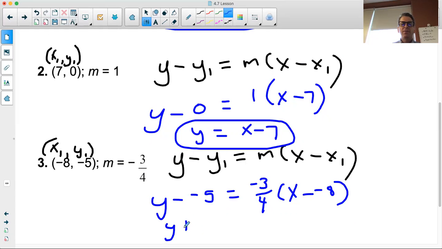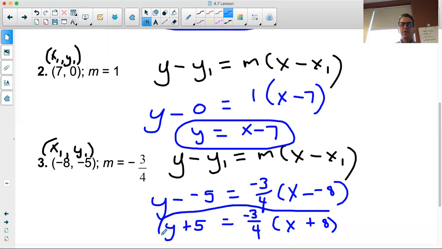Y plus 5 is equal to -3/4 times x plus 8. So point slope form, given a point and a slope, you can determine the equation of the line.